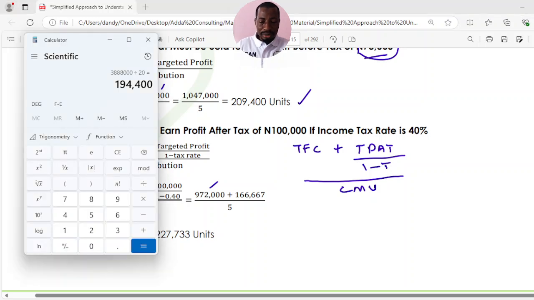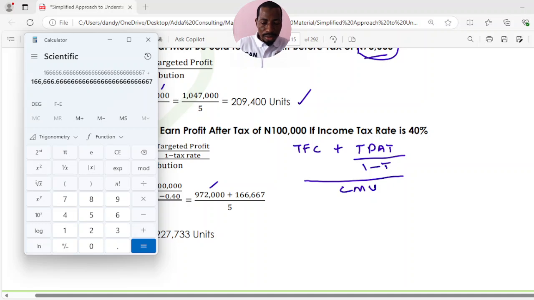There's no need for all those steps, it's a waste of time. Simply say 100,000 is the profit after tax, then divide by 0.6. 1 minus 0.4 is 0.6, equals.